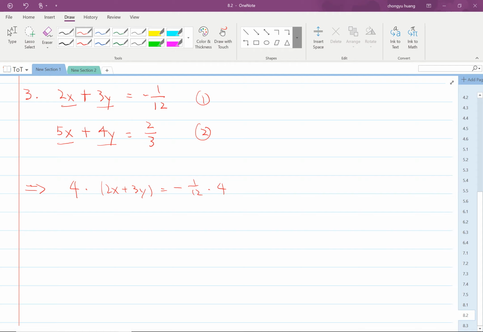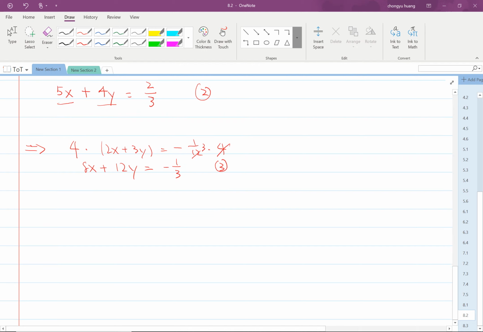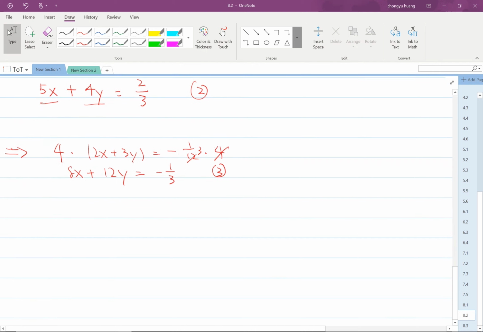The 8x plus 12y, and then this gets cancelled, and the bottom becomes 3, so it's negative 1 over 3. This is equation 3. Let me move it down a little bit because there's not much space.